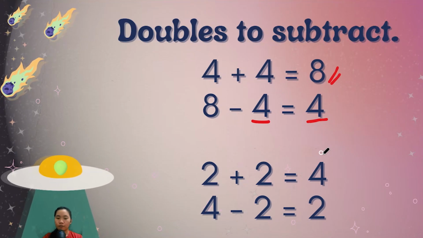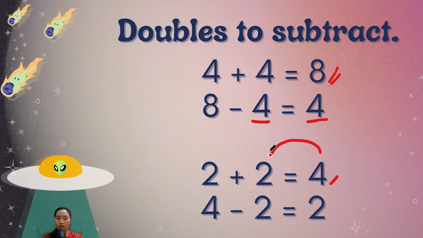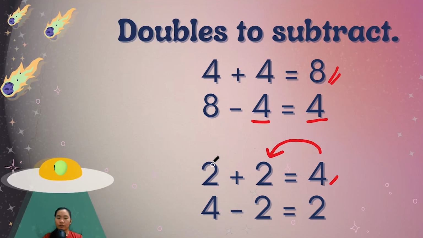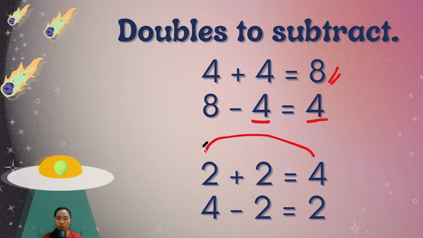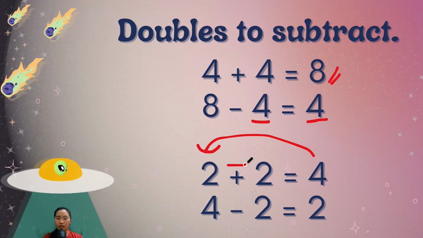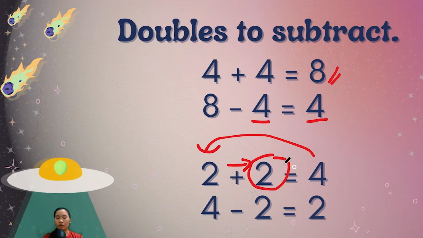If you take the sum and subtract the addend over here, you get this addend. Now, what if you subtract the first 2? You would get this 2 over here.